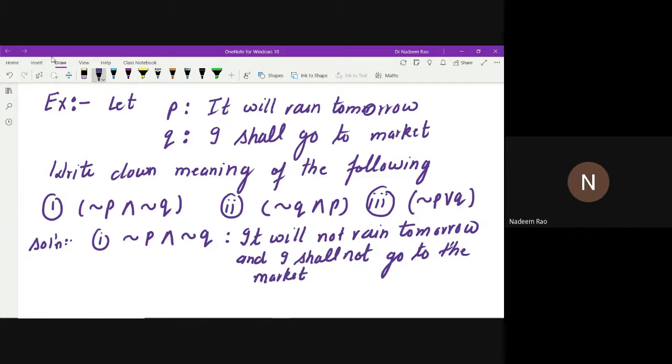And now the second one, negation of Q and P. What does it mean?